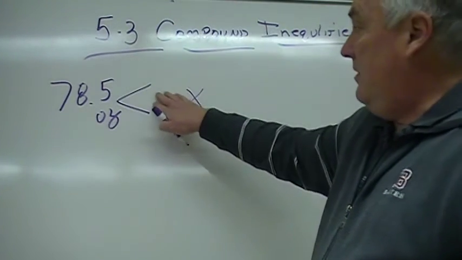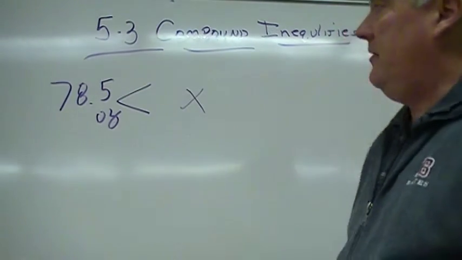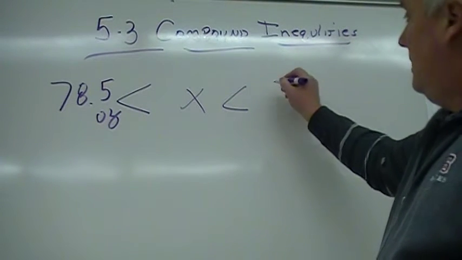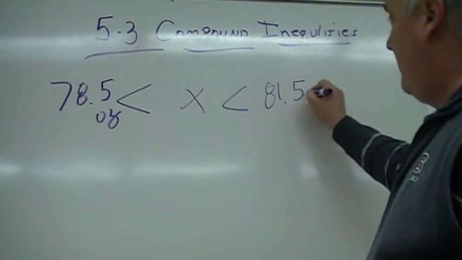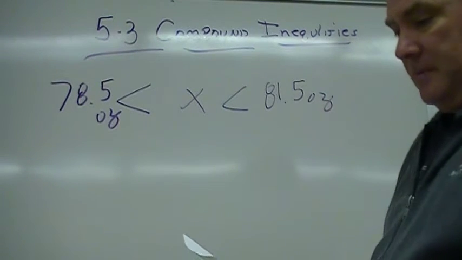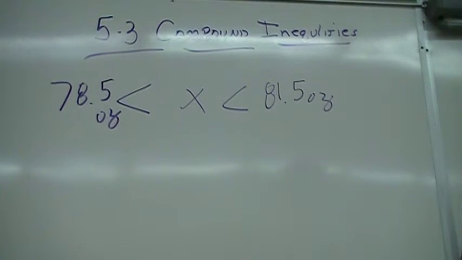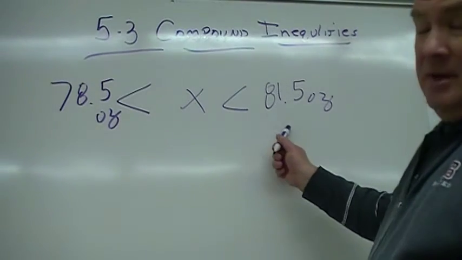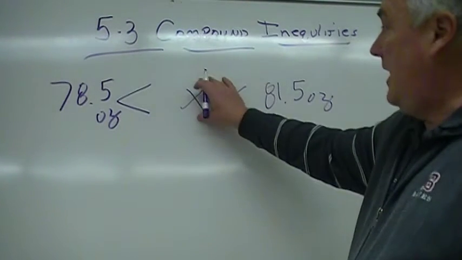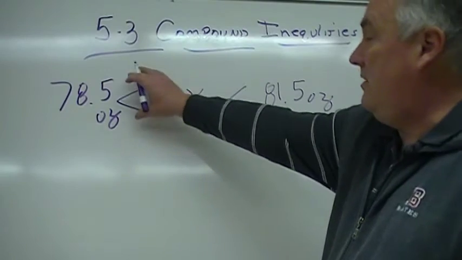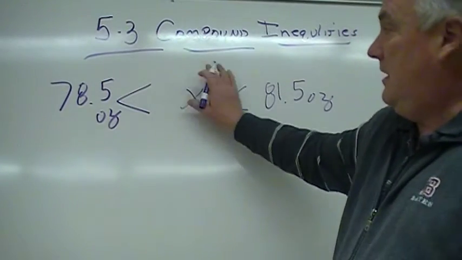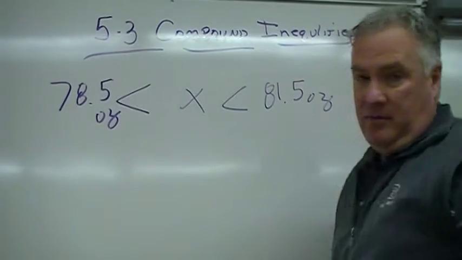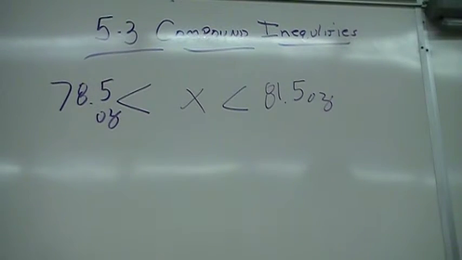X is greater than 78.5 ounces, but it has to be less than 81.5 ounces. So that means it's between. It can't be 78.5 ounces, it can't be 81.5 ounces, but x can be in between.